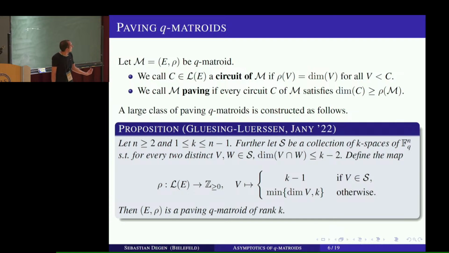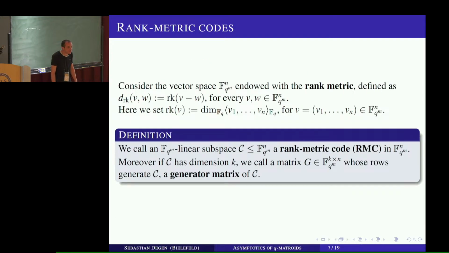Now the second class is the class of representable q-matroids, and as I said in the beginning, I want to use a slightly different definition here. I want to use rank metric codes, which induce these representable q-matroids. So what is a rank metric code? For this, we have to consider the vector space F_q^m for some field extension, endowed with the so-called rank metric or rank distance, which is defined for two vectors simply as the rank of the difference of them.